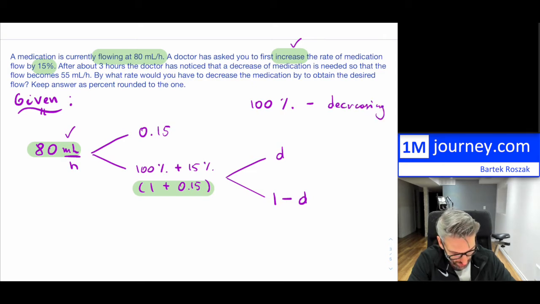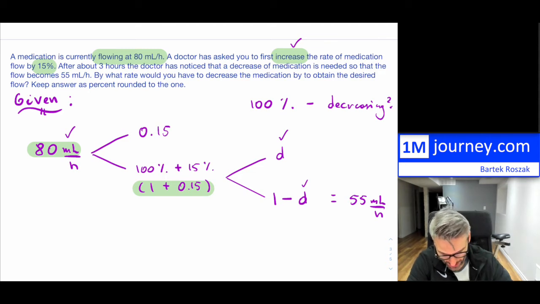We don't know what this is. I've called it D at the moment. But what I do know is they tell me that the medication after the decrease would have been 55 milliliters per hour. So whatever I would have done, it would have given me 55 milliliters per hour.